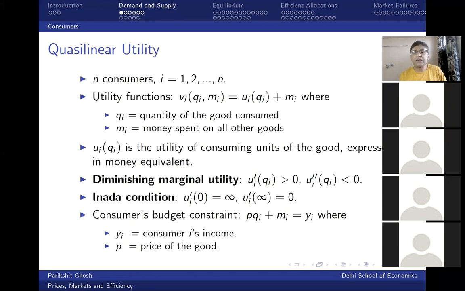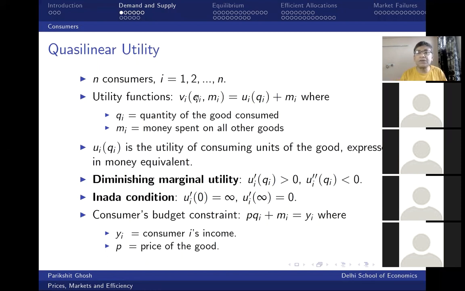Okay, so let's start with a very simple model of the market for a certain good, let's say bread, all right? So we have the market for bread, and there are a finite number of consumers who want to buy bread, right? So they are indexed by i, so i goes from 1 to n. Now, each consumer i has a utility function, and in this very simple starting framework, we will assume that the utility function is a function of 2 quantities.